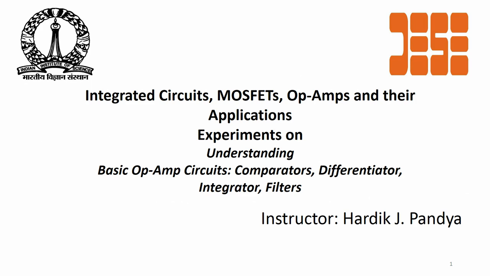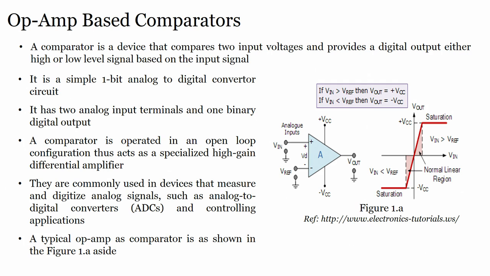If we go to the first slide of this module, we want to use op amp based comparators. We should first understand, and we have already understood in the theory class, what a comparator is. Let us refresh.